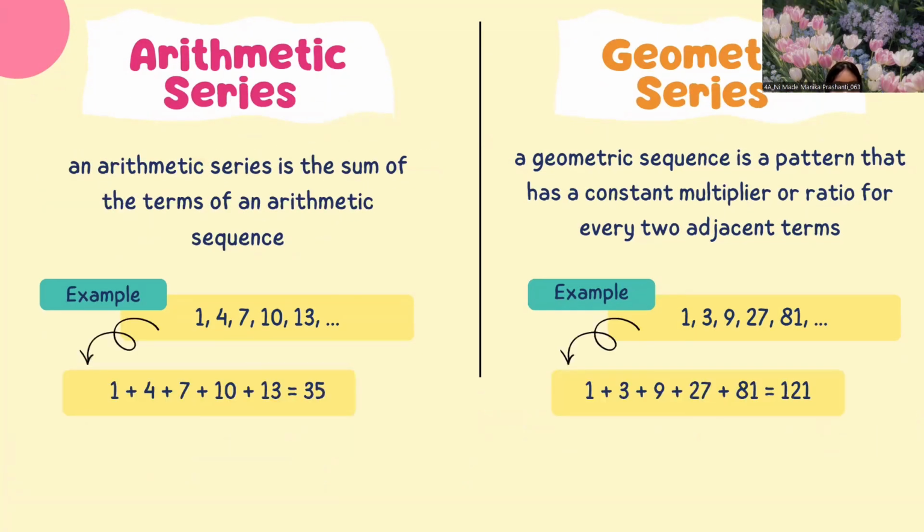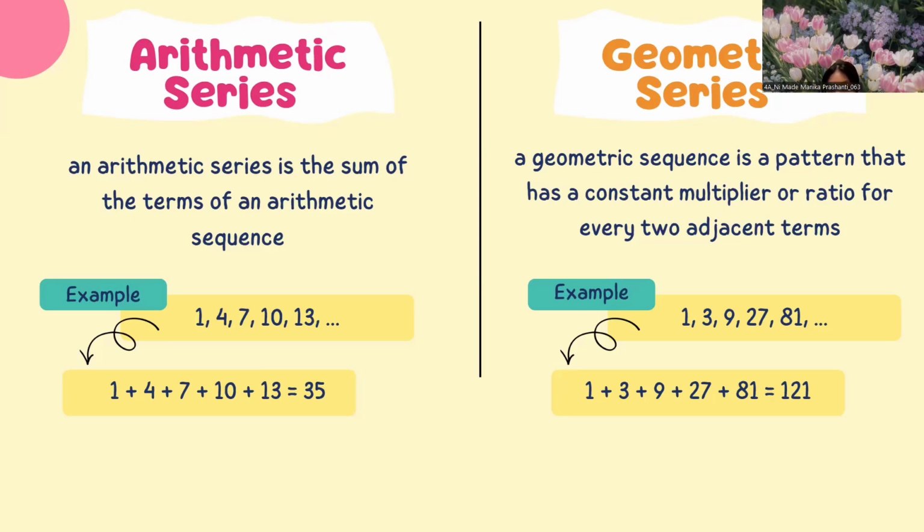Okay, next, we talk about series. An arithmetic series is the sum of the terms of an arithmetic sequence. For example, if you have a list of numbers where each number increases by 3, the series is the sum of those numbers, which totals 35.